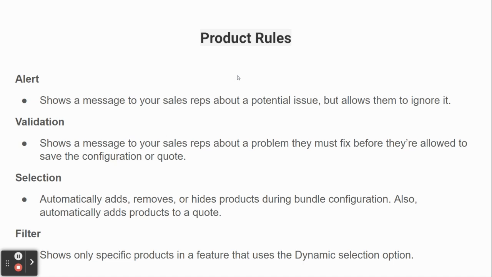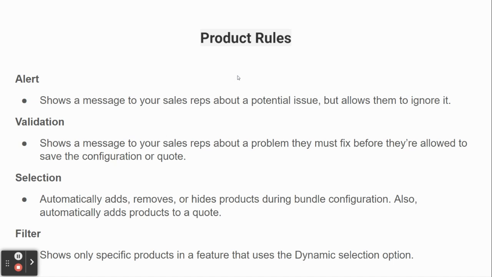You don't want to bog them down with tons of products. If they've already selected something on the quote, there's no point in showing them an entire list of products that they probably can't sell anyway. You want to hide or remove that product on the configuration screen for your bundles.